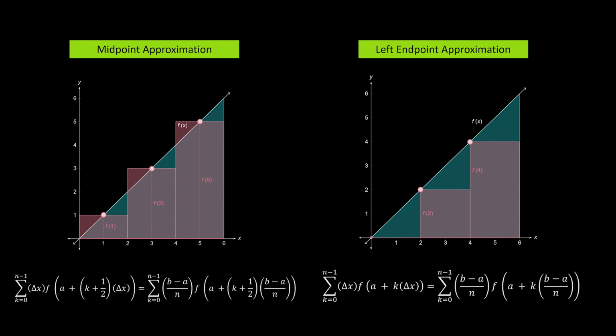Now, we could do this in 2 different ways. One way is to start at 0 widths and then add 1/2 width to get in. Or we could start at 1 width in and go back 1/2 width. So in some sense, you could look at this as starting with a left point approximation, which starts at 0, and adding a half width.